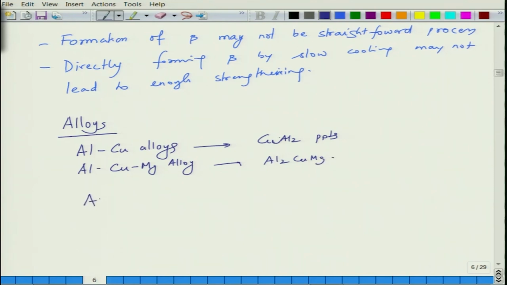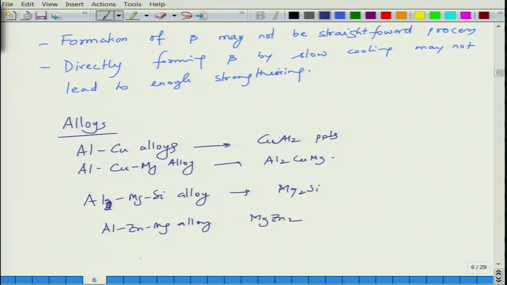You can have AlMgSi alloys which have Mg2Si precipitates. We can have aluminum zinc magnesium alloys which have MgZn2 precipitates. So these are all precipitates, but this precipitate formation goes through a sequence of processes that we will see. Similarly, you can have aluminum lithium alloys such as Al3Li, and so on and so forth.